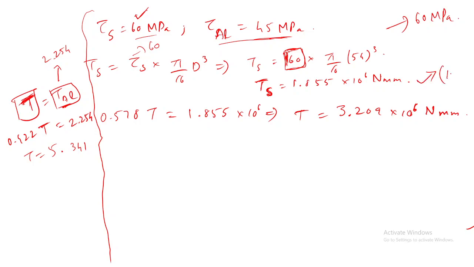This is the maximum torque that can be sustained by the steel section. From this, the total torque turns out to be 3.209 into 10 to the power of 6 Newton mm.